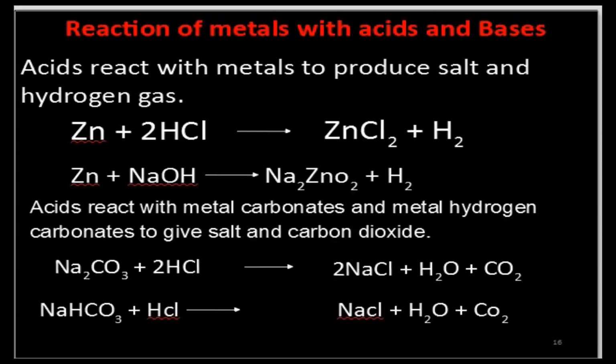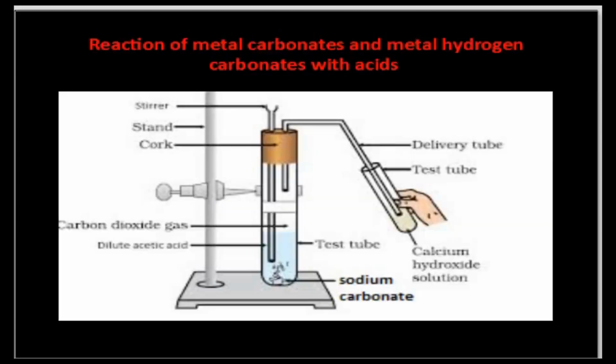In the same way, when sodium bicarbonate combines with hydrochloric acid, it gives the salt sodium chloride and water, and carbon dioxide is liberated. To check whether the gas that is liberated is carbon dioxide, there is a small test.